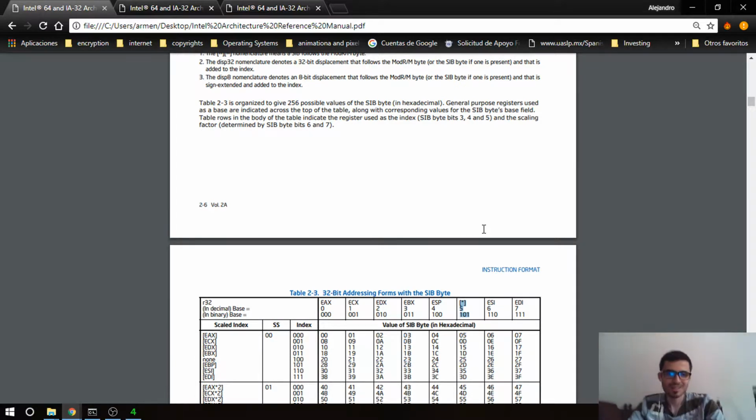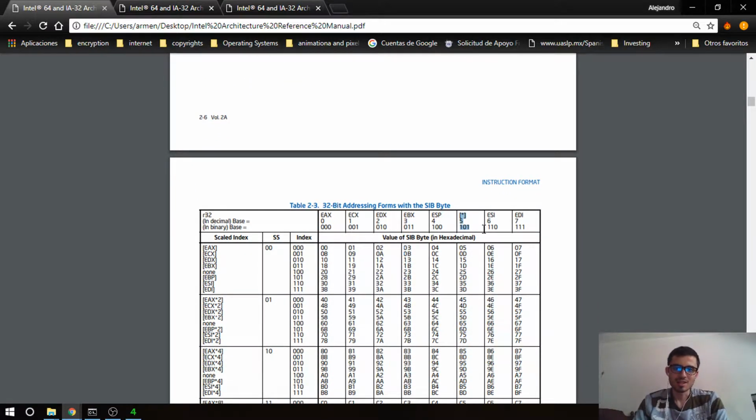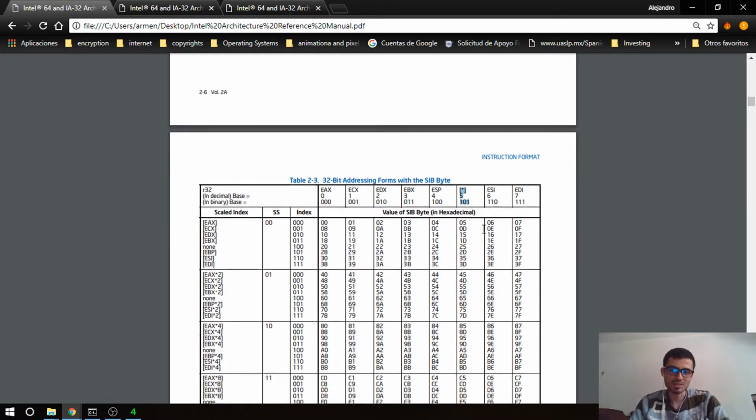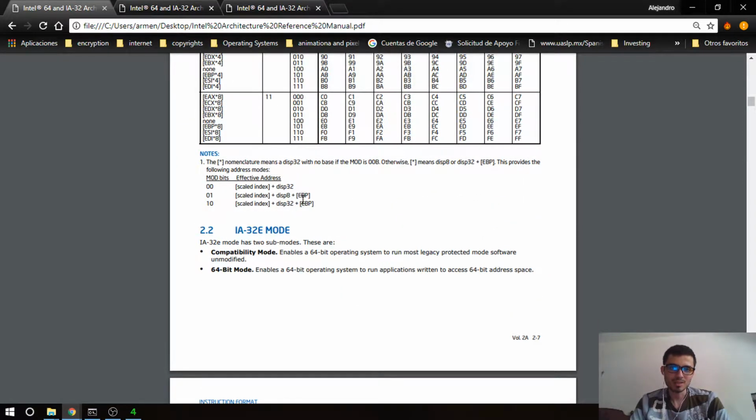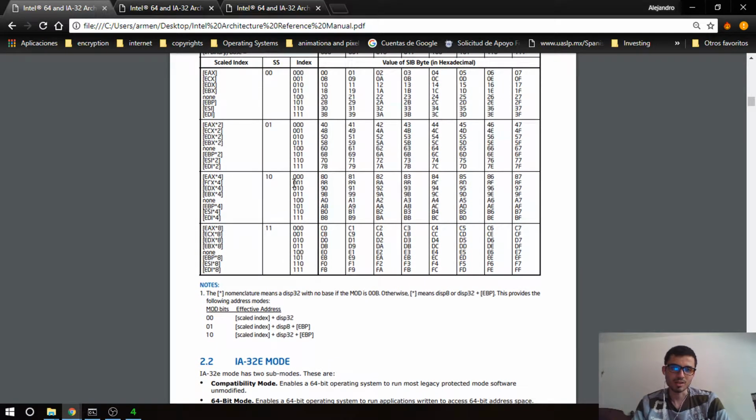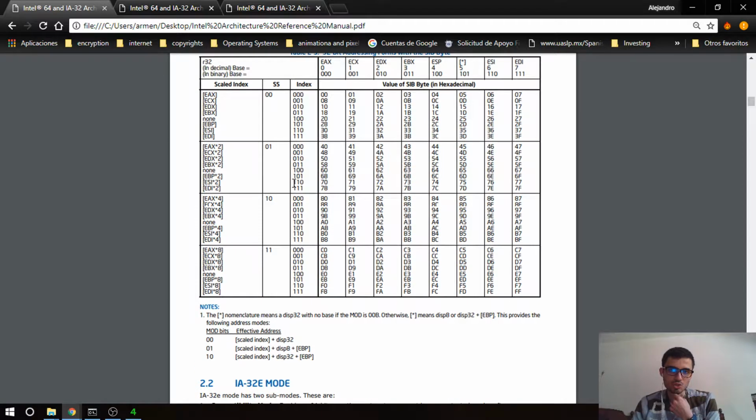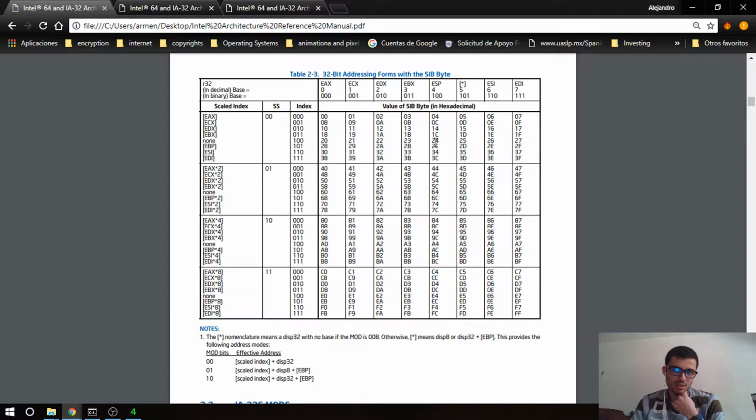Okay, I understand. So the index is the register index, that's all it is. The register index, so it's gonna, hey, choose me the base. It's just like this, you have a base, which is EBP, and you have a scale index, and these displacements are encoded just for these specific scenarios.